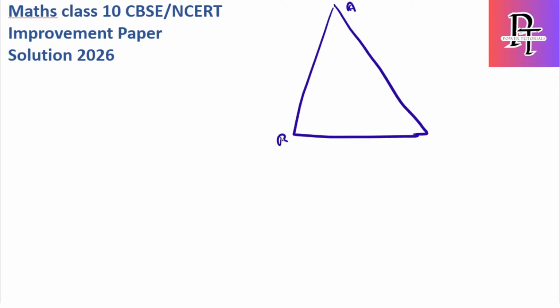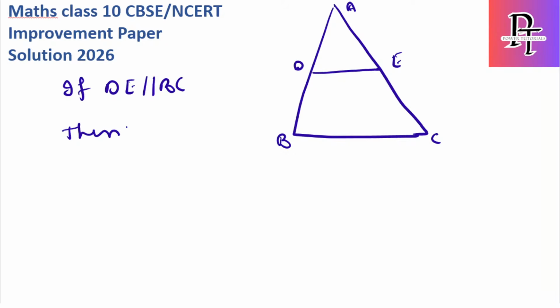Triangle ABC, if DE is drawn parallel to BC, then the ratio is AD by BD is equal to AE by EC. This is the theorem. To prove it, we'll draw a line which is perpendicular to the other lines. So I'm marking this as F and marking this as C.